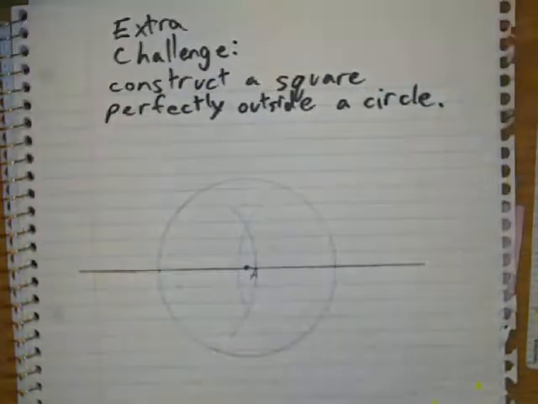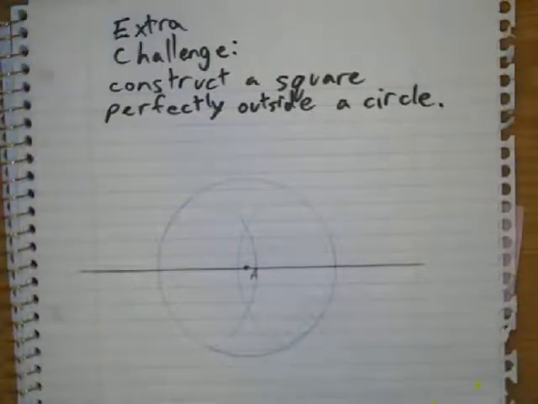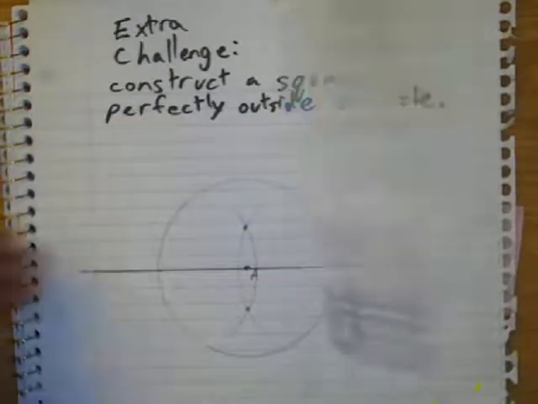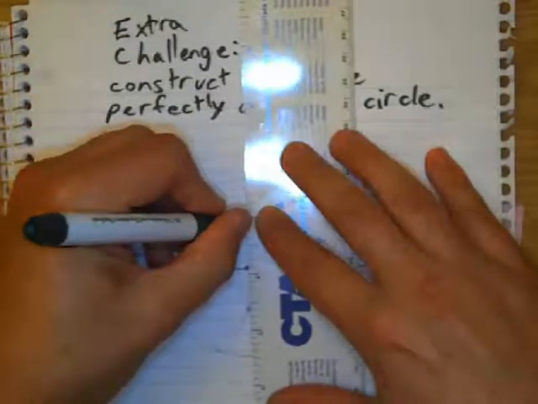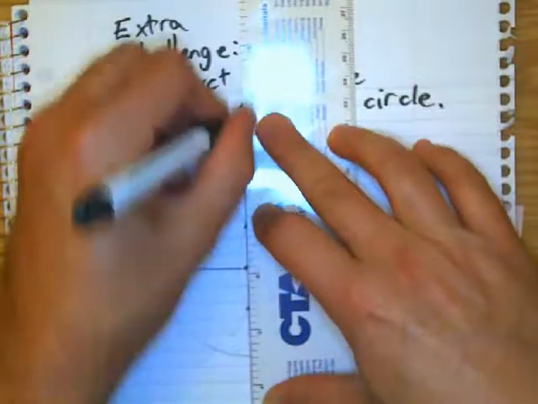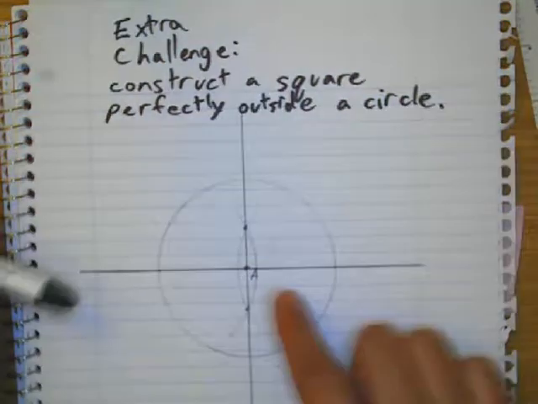And where those meet, I'm going to draw a perpendicular line through that point. Okay, so now I've got a circle and I've got perpendicular lines.